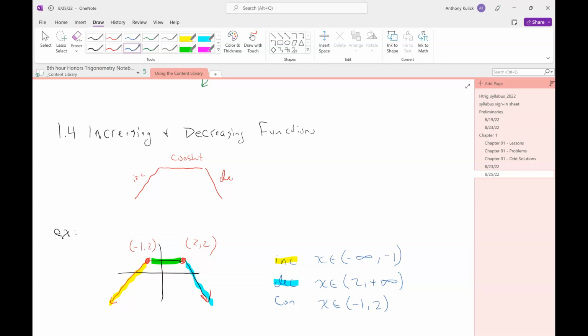Again, always x coordinates when we're describing our intervals of increasing, decreasing, and constant. Oh, so that goes down. Sure. What do you guys think? It's just looking at the graph and describing what you're seeing, basically, right? Is there any complicated algebra going on here? Just using some definitions and interval notation. Not bad.